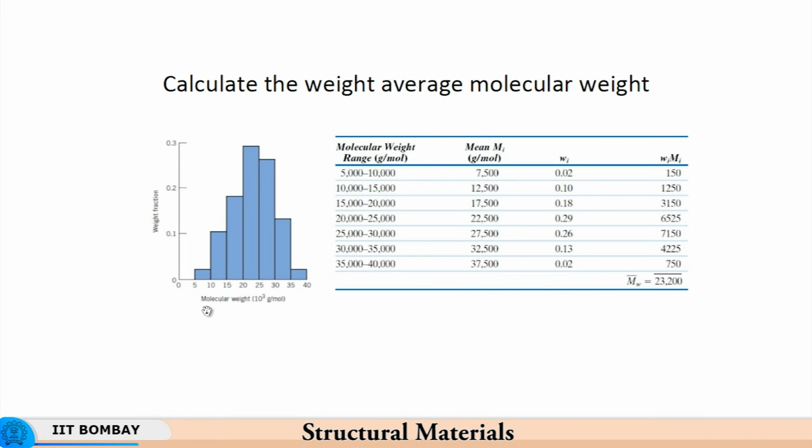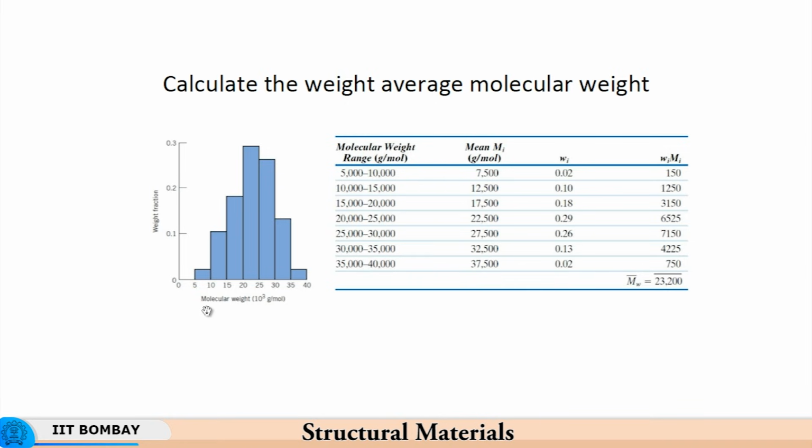Here the number of times the monomer would be repeated is the smallest, and the percentage is just 2%, and so the weightage into the mean gram per mole is giving you 150.